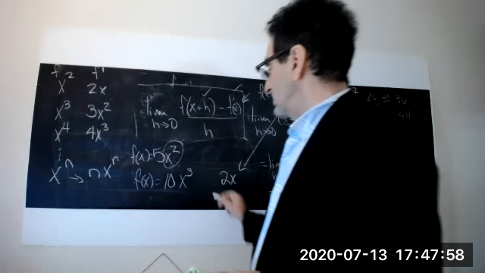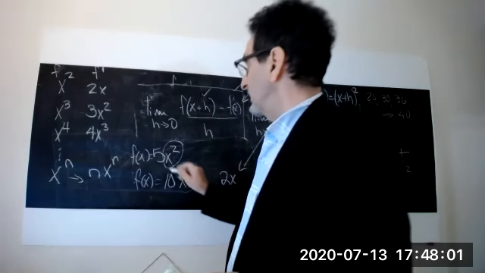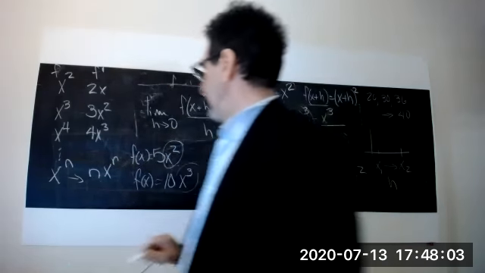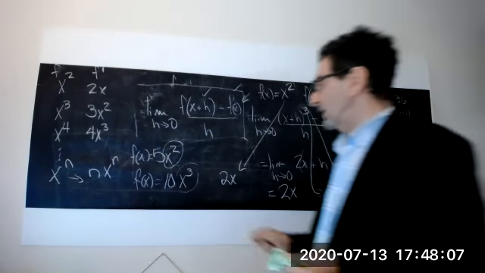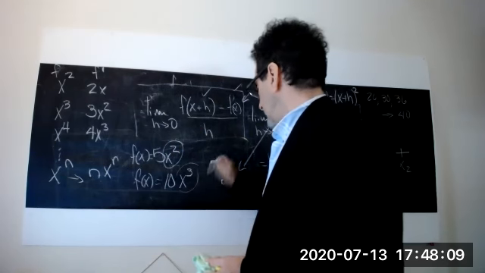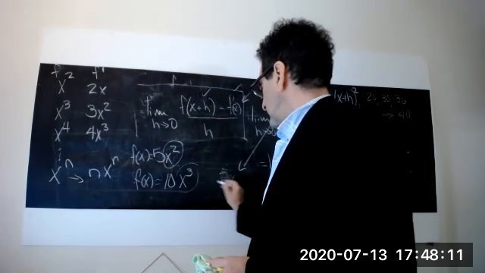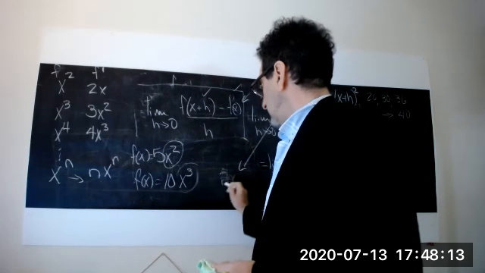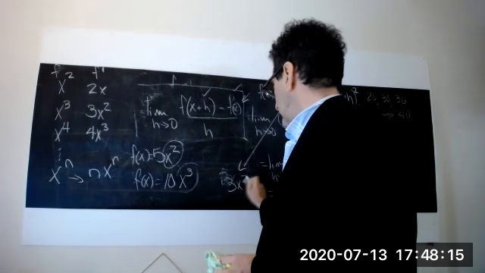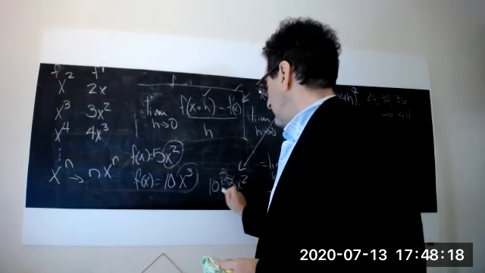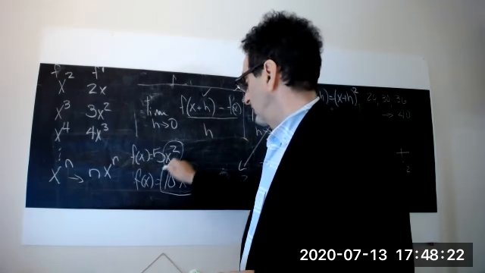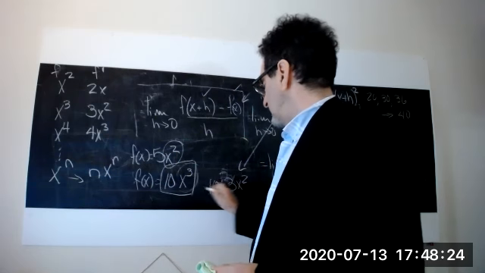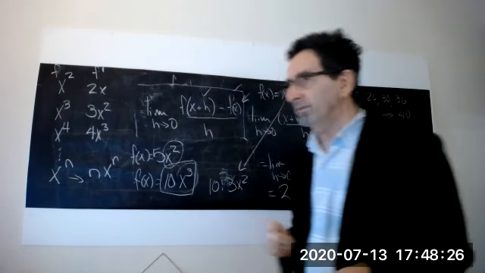It turns out you can just do the derivative of this part, which we already said was 3x squared, and then multiply that by 10. So the derivative of this whole thing is this.